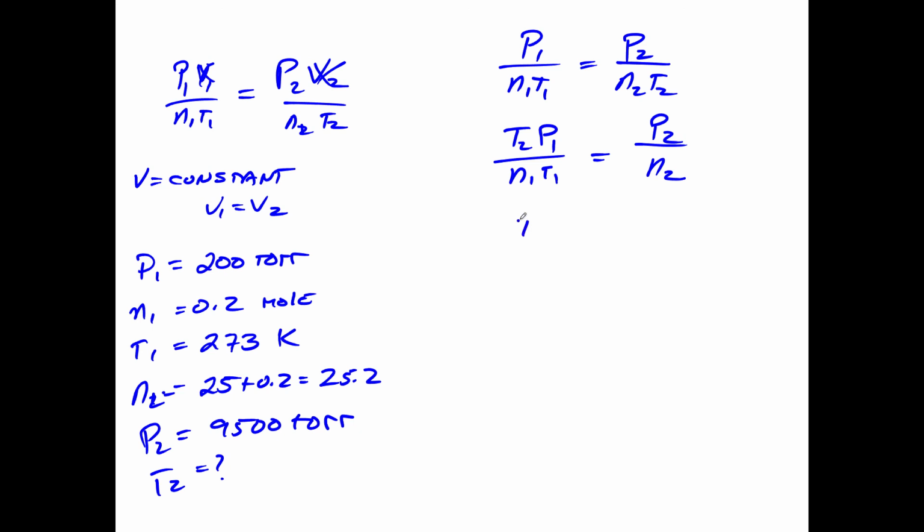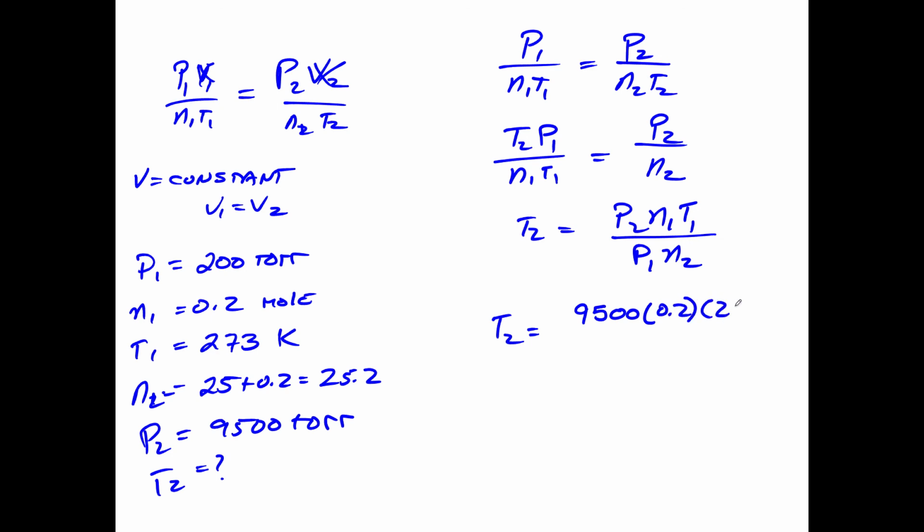So T2 is equal to P2 times n1 T1 over P1 n2. So let's stick the numbers in. P2 is going to be 9,500. n1 is 0.2. T1 is 273. P1 is 200. And n2 is 25.2. So there are the numbers. And my final temperature should be in Kelvin.